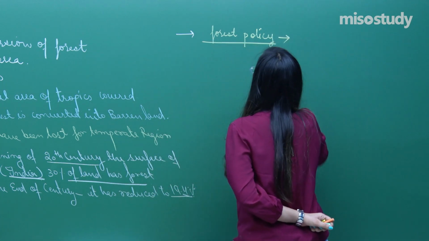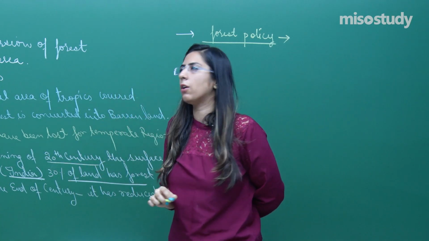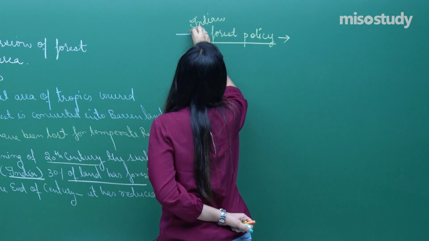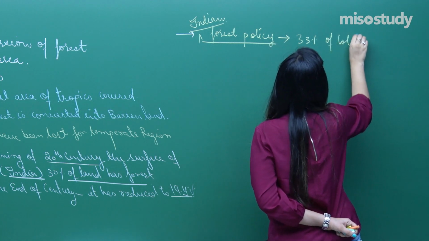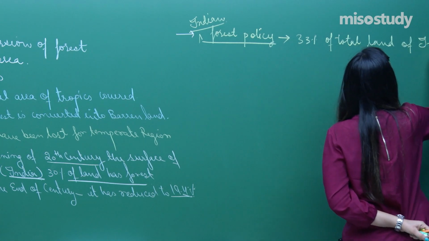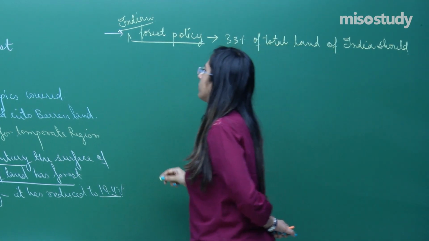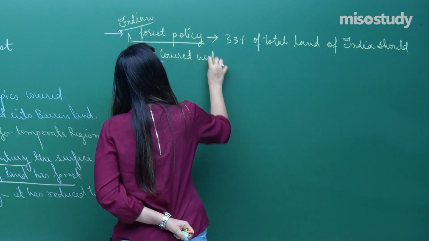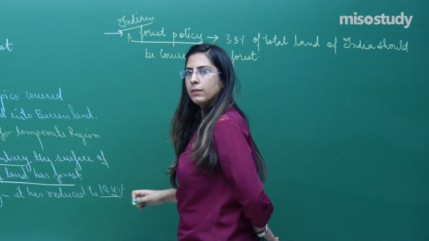According to the Indian forest policy, 33% of the total land area of India should be covered with forest, right?